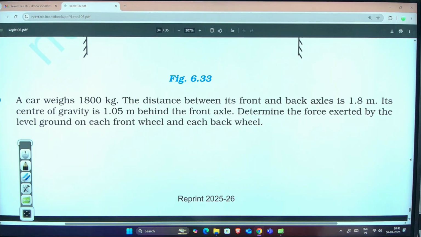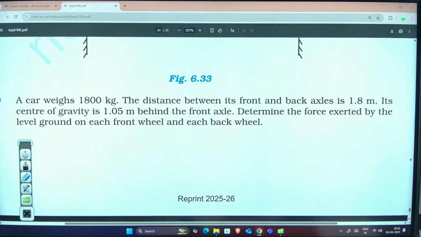Car is small because generally the car will be 4 meter long. 1800 kg. That is not that small. And after the axle there will be some engine part also, no? Engine part here and the dicky part behind. Assume it is a sedan car. Say 1.8 meter between the back and front axle.